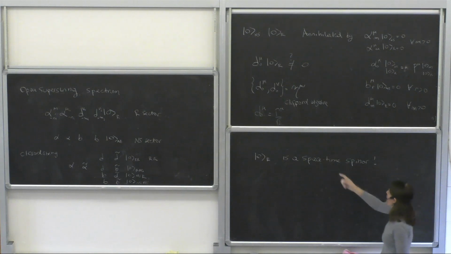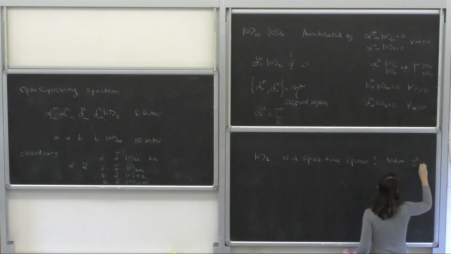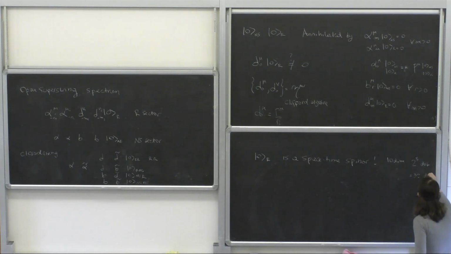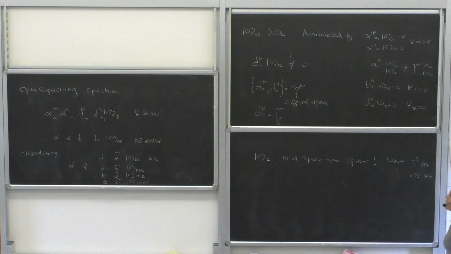This spinor, space-time spinor, is a 10D spinor. So it has 2 to the 5 degrees of freedom, which is 32, right? And it's Majorana, because the psi's are Majorana.